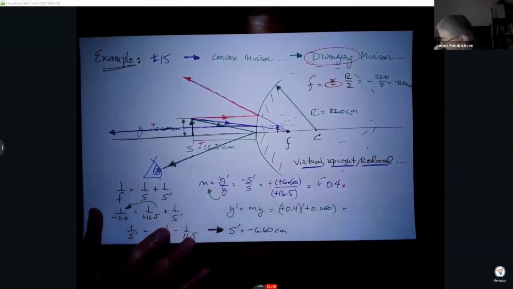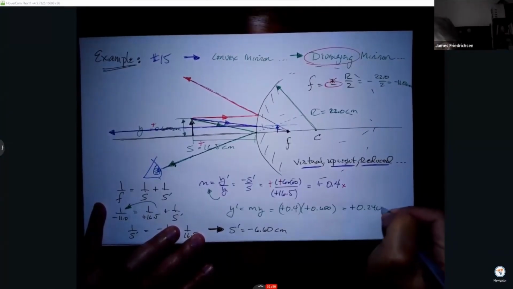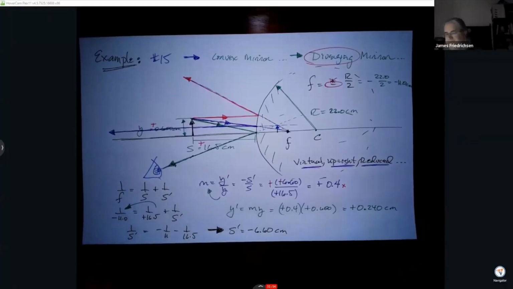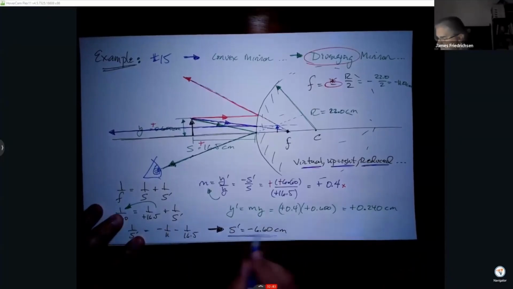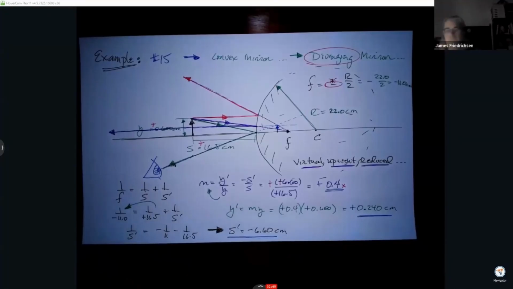And 4 times 6 is 24. So this is plus 0.240 centimeters. So there's our image height. And so at this stage, we pretty much have everything. We've got the image distance, magnification, image height. And so there we go.